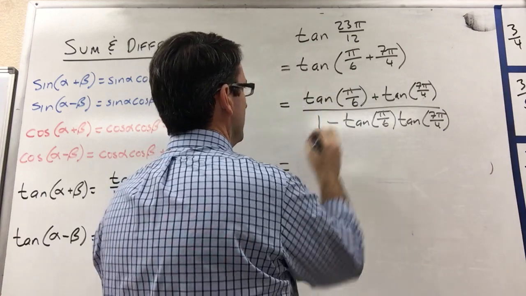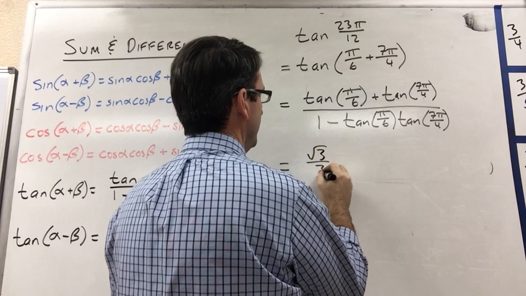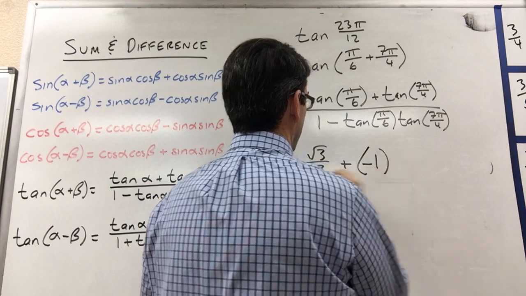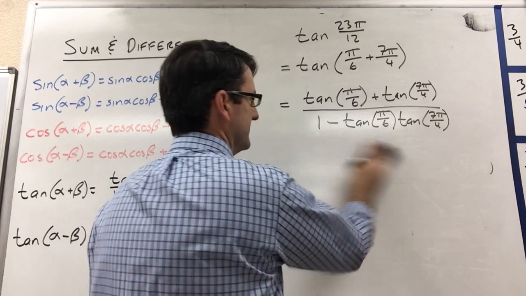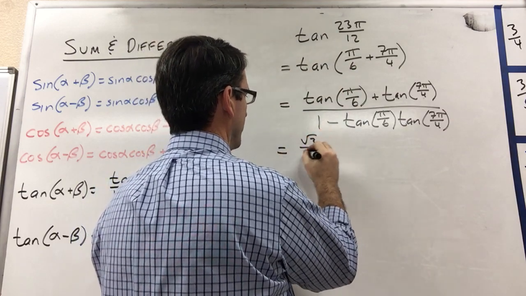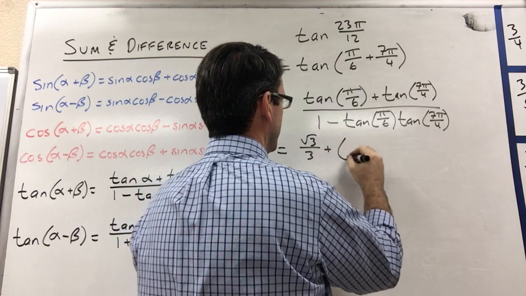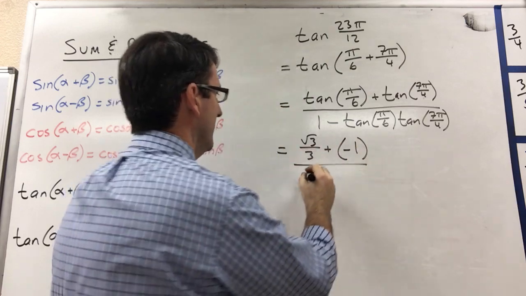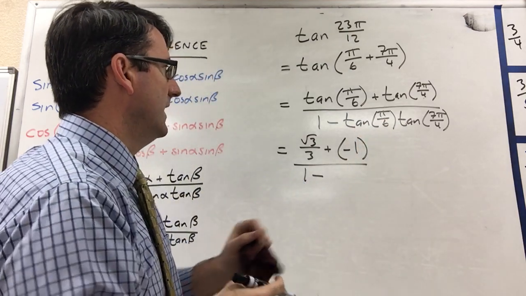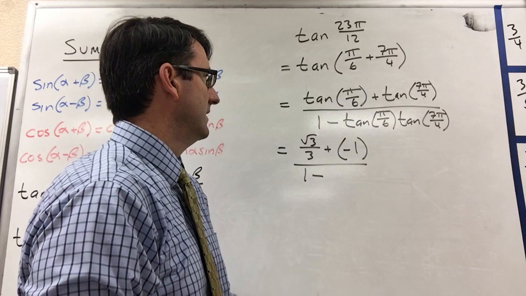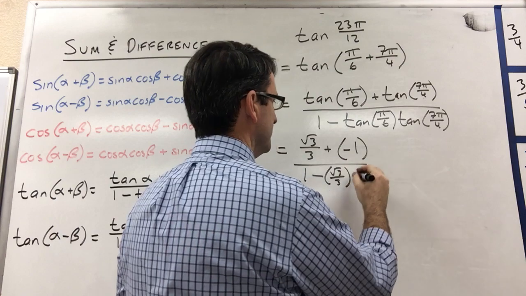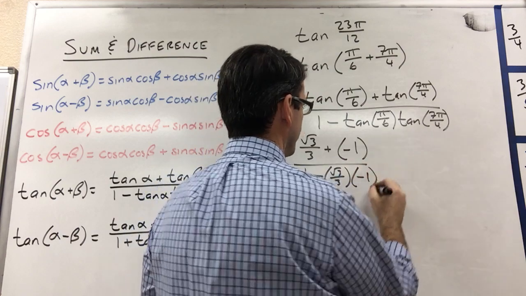So we get the square root of 3 over 3 plus negative 1 divided by, let me make this smaller because there's going to be a lot more calculation that I'm going to have to write here, 1 minus the square root of 3 over 3 times negative 1.